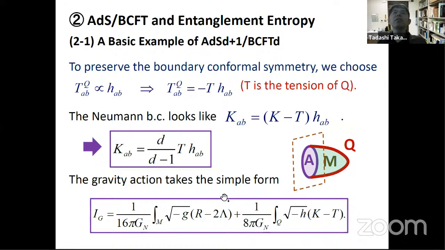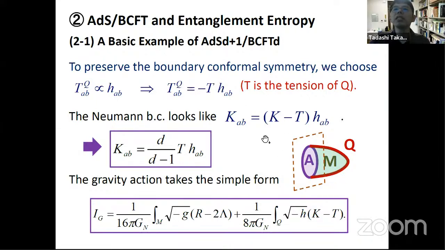Okay, so now let me talk about AdS/BCFT and the calculation of entanglement entropy. The basic example of AdS/BCFT is the simple choice of the boundary energy stress tensor, T_ab, localized on this end of the world brane Q. We just introduce a tension T, so T_ab on Q is proportional to the tension, and h_ab is the induced metric.